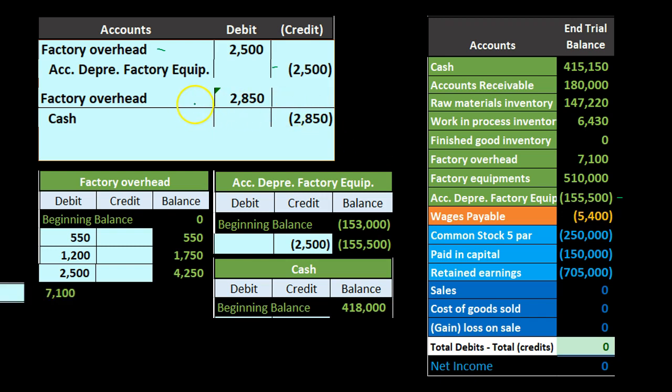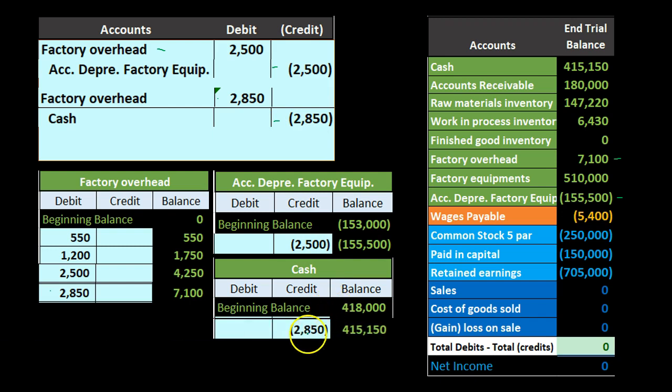Then we're going to debit factory overhead by the 2,850. So here's the 2,850, so the 4,750 going up by 2,850 to 7,100, that being represented on the trial balance. And then the cash is going down from 418,000 by 2,850 to 451.50, and that is going to be what's on the trial balance.